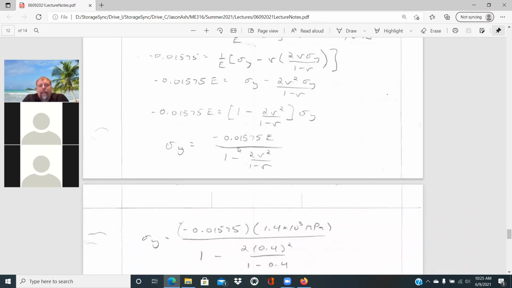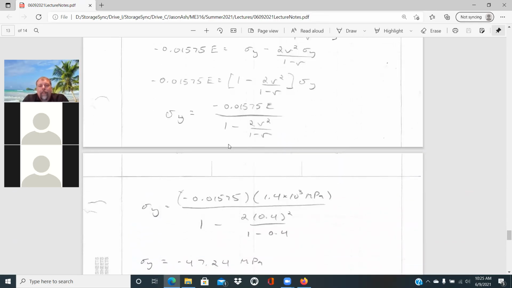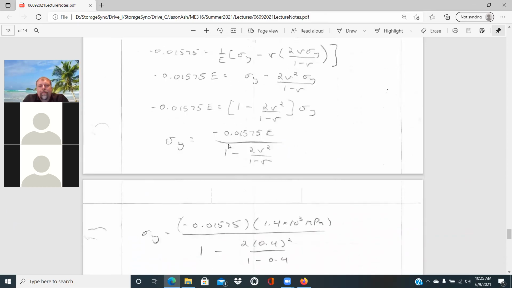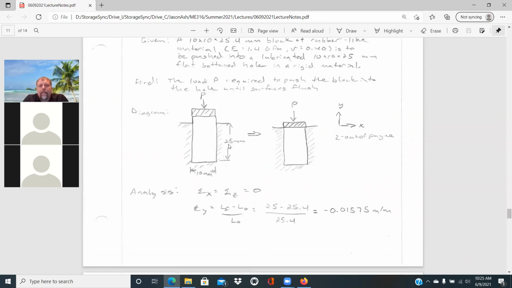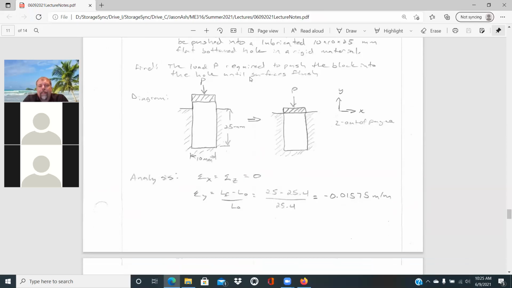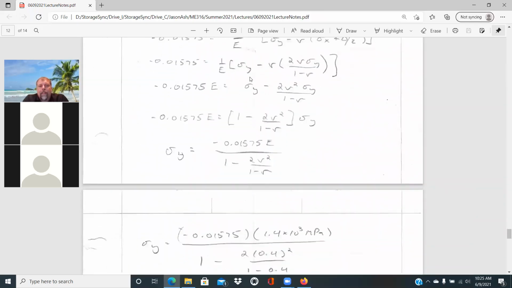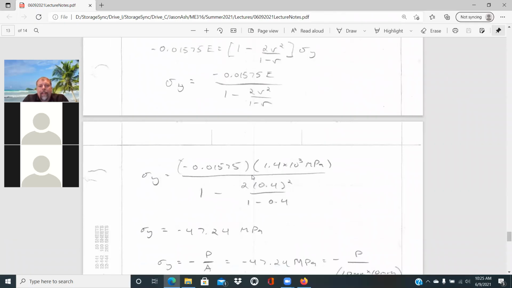And then sigma y is equal to just dividing that through for that term. And I think, yeah, we had the material properties that were given. And so we can calculate that out.